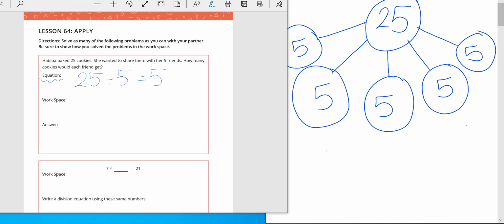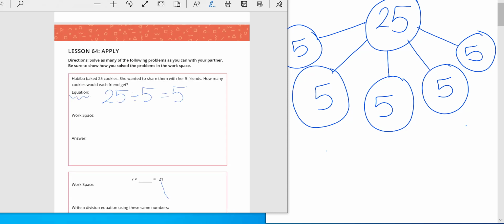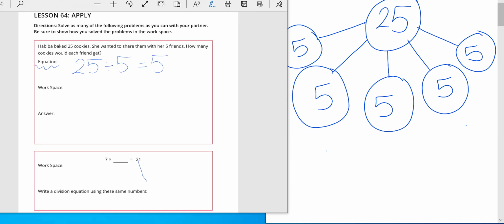And we can use skip count strategy to solve this equation, like start by 5, so 5 plus 5 equals 10, plus 5 equals 15, plus 5 equals 20, plus 5 equals 25.